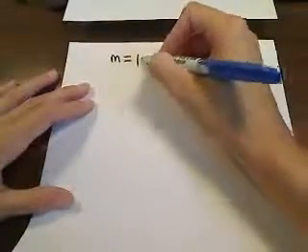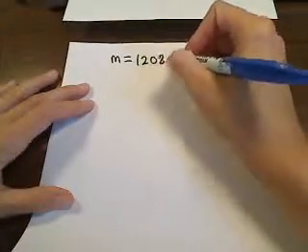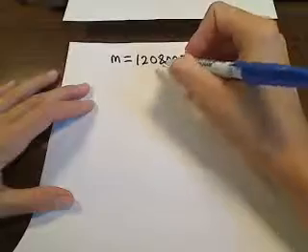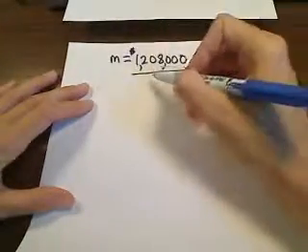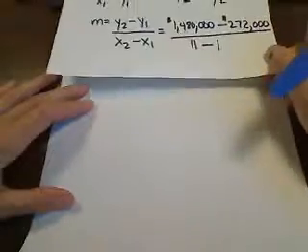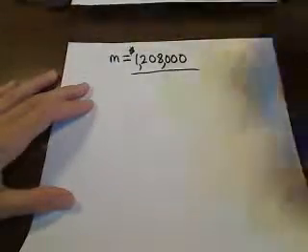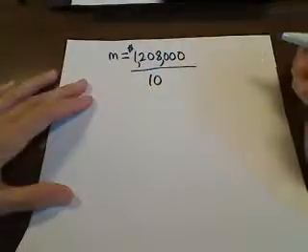So I get 1,208,000 in the top, over 11 minus 1 in the bottom, which is 10.